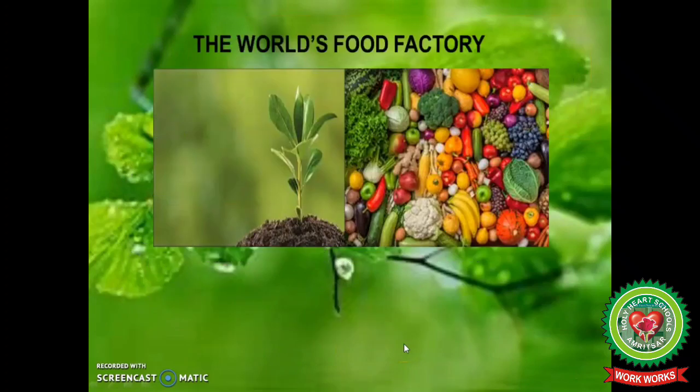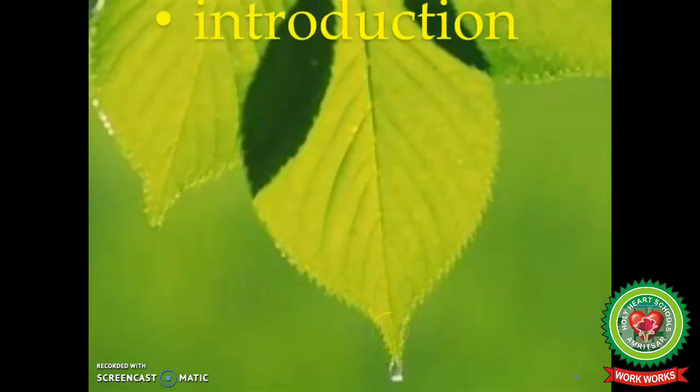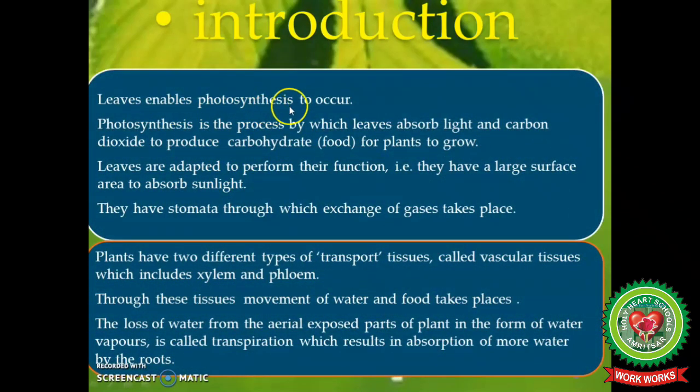Students, we know that leaves are the world's food factory. Green plants prepare their own food mostly in the leaves. Introduction. Leaves enable photosynthesis to occur.